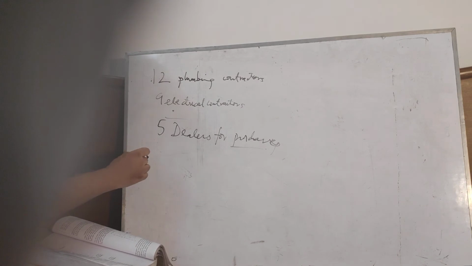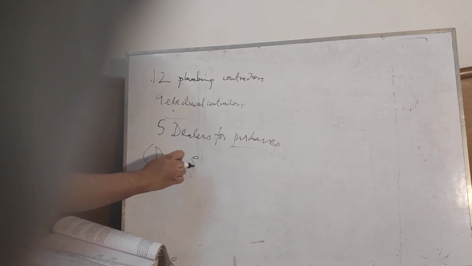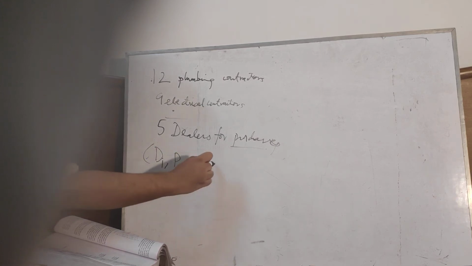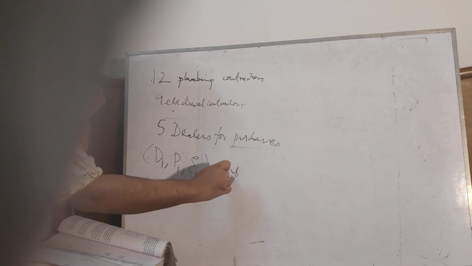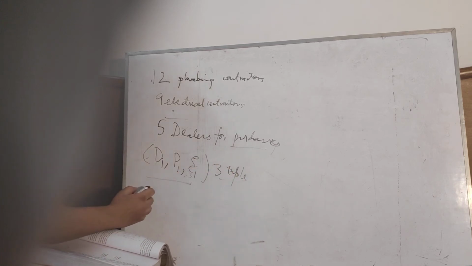So if your tuple is (D_i, P_i, E_i), that is a 3 tuple. How many options do you have?